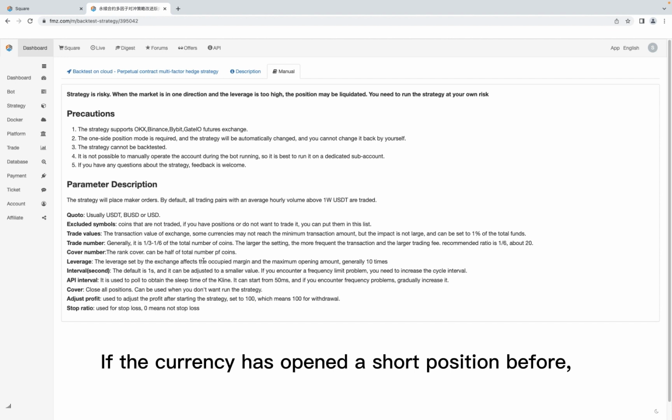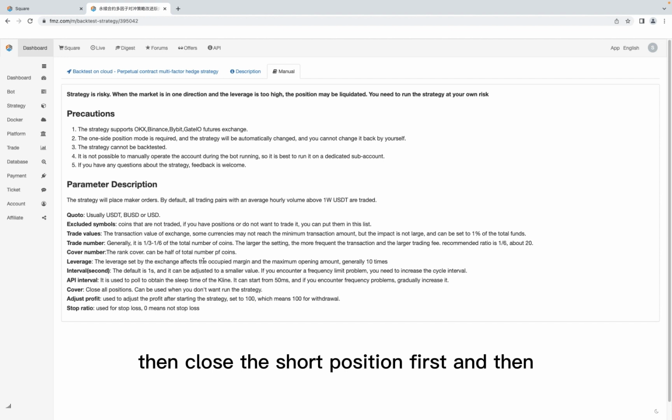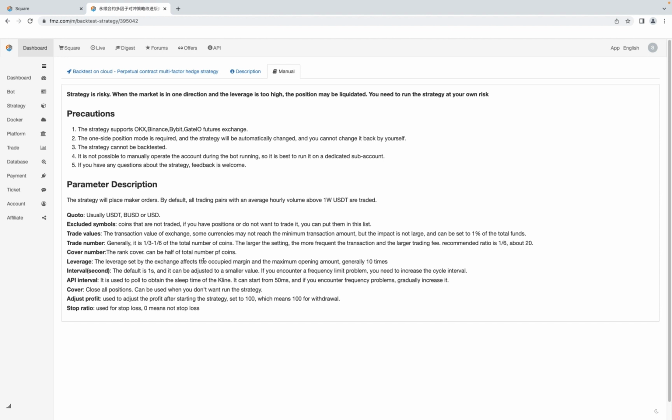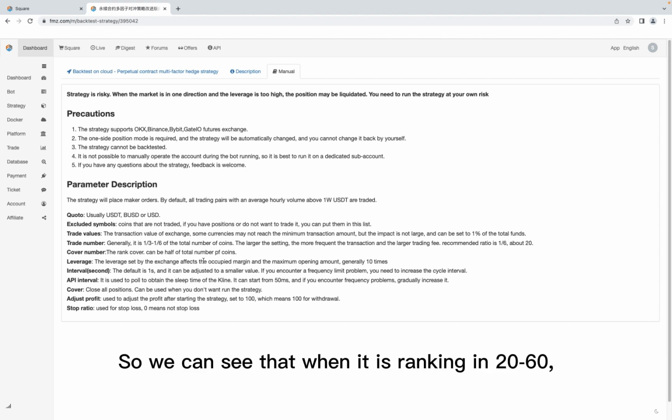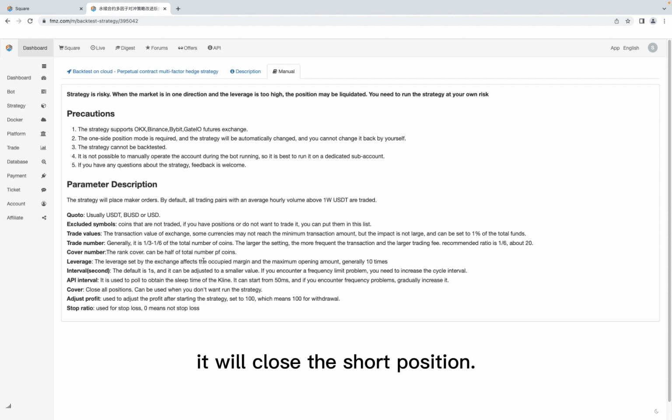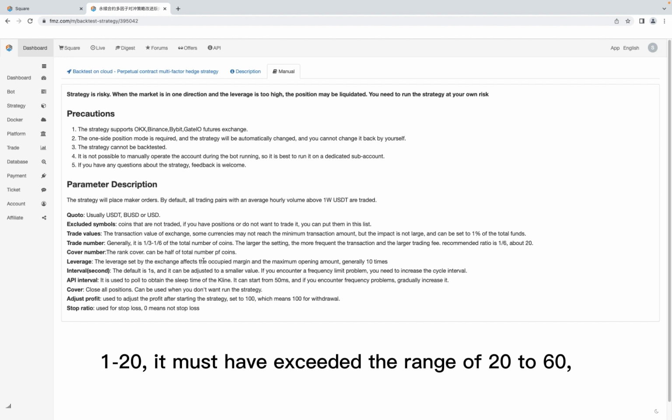If the currency has opened a short position before, then close the short position first and then open the long position. So we can see that when it is ranking in 20 to 60, it will close the short position. If it is ranking in 1 to 20, it must have exceeded the range of 20 to 60.